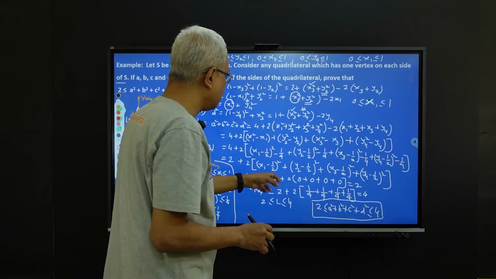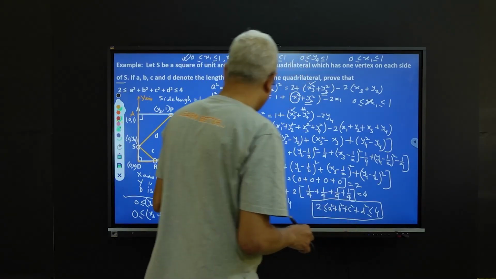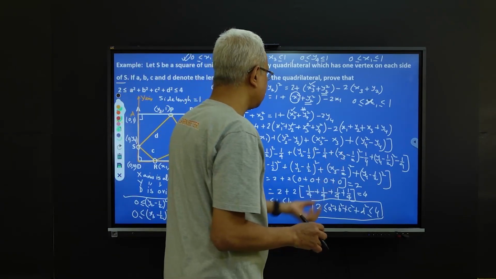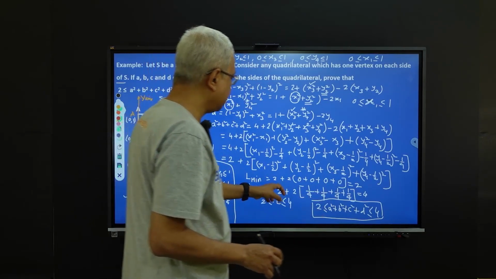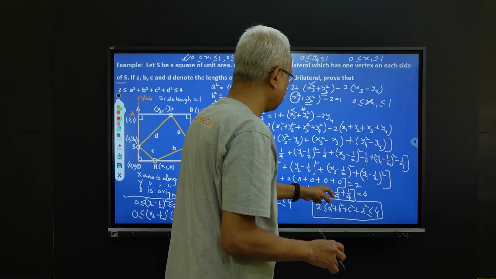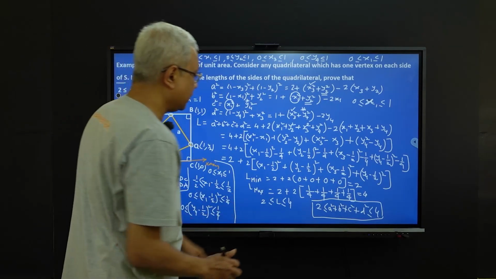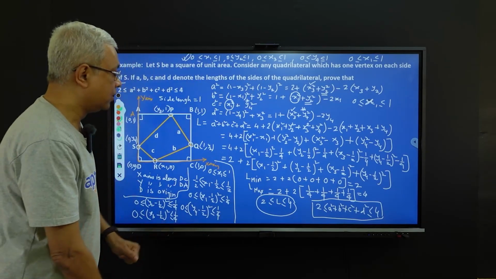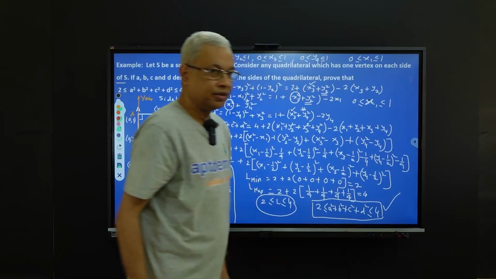So L min is 2 plus 2 into 0 plus 0 plus 0 plus 0, that is 2, and L max is 2 plus 2 into 1/4 plus 1/4 plus 1/4 plus 1/4, that is 4. So L lies in the range 2 to 4. Okay, so this is the required relation.